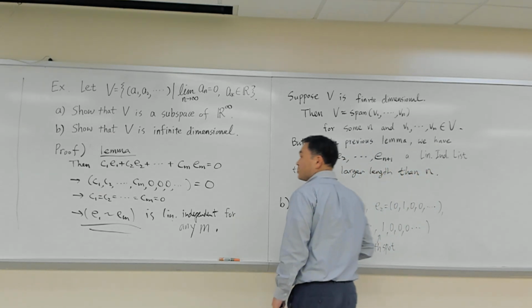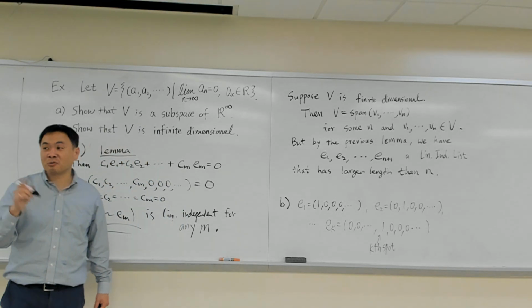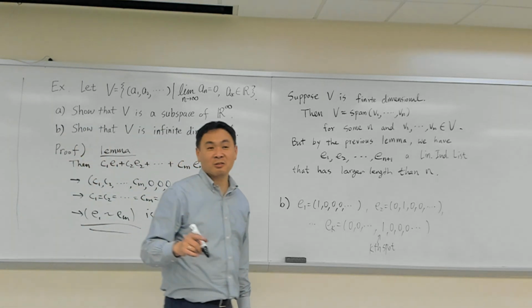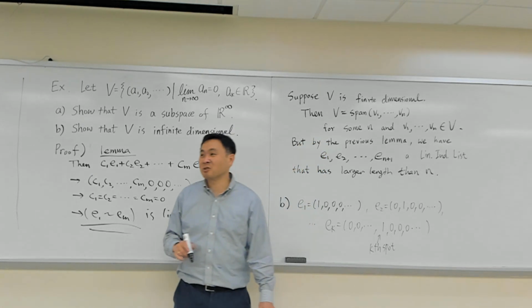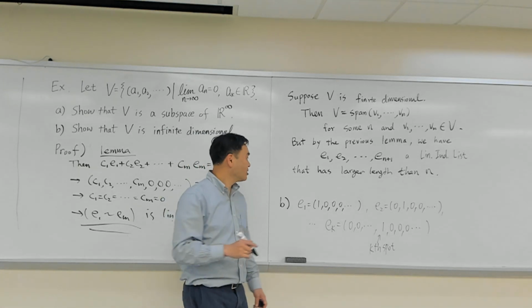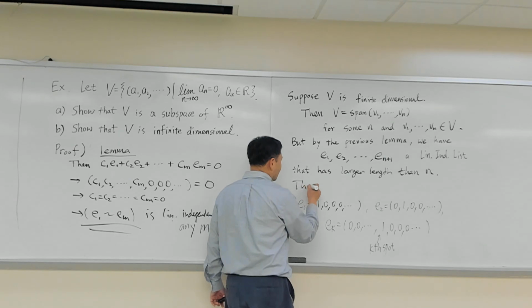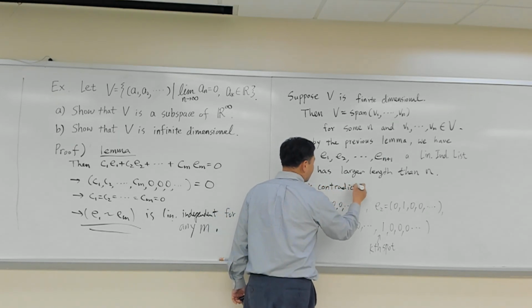And therefore this contradicts the theorem that we proved. Do you know what that one is? It's like 2.23. This contradicts 2.23.